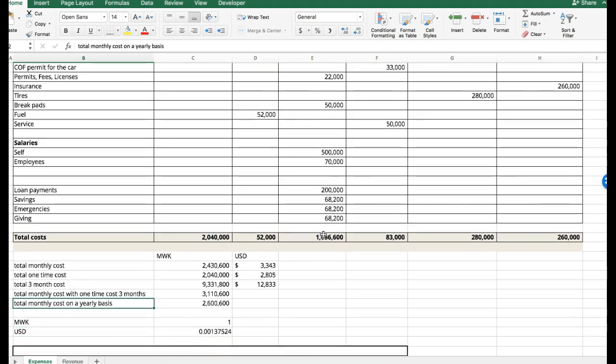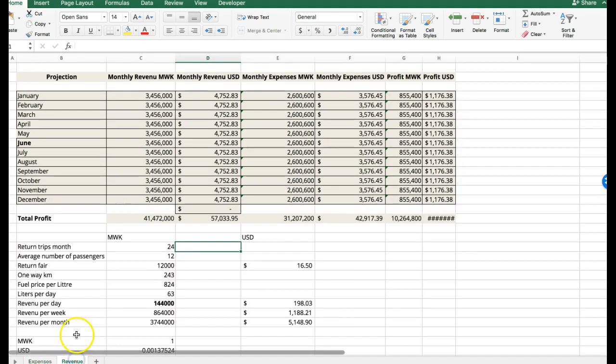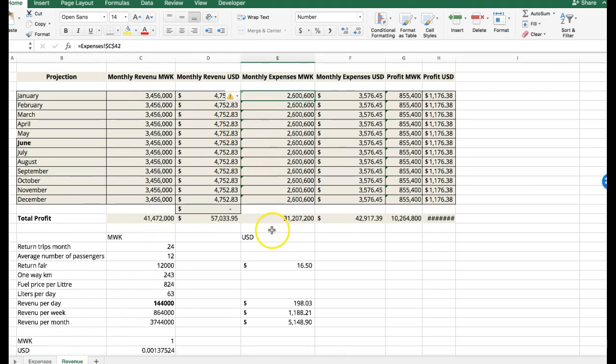So then what you do is this amount you will put here into the monthly revenue and monthly expenses. So this is another sheet that we use to determine if our business is going to give us enough sales to cover all the expenses. So let's say here this is for return tariff 24.